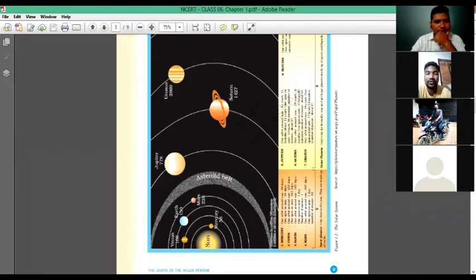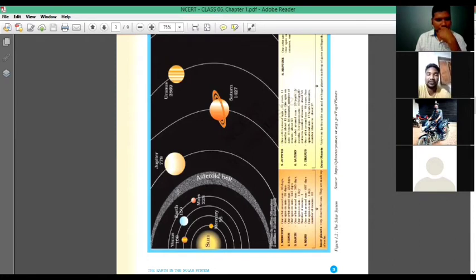Small pieces of rock move around in space, so that is called a meteoroid. Asteroids are only in between Jupiter and Mars. They are also in orbit. They just float in the asteroid belt.